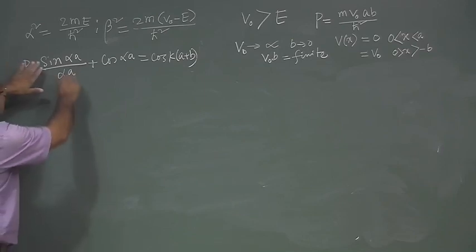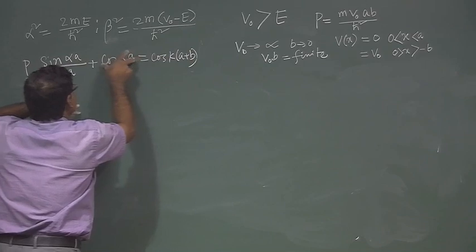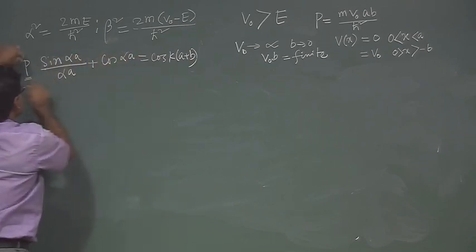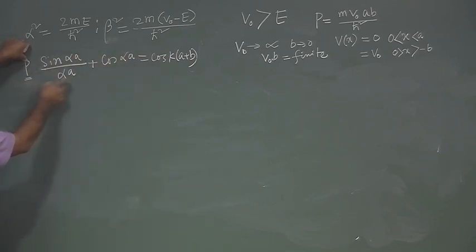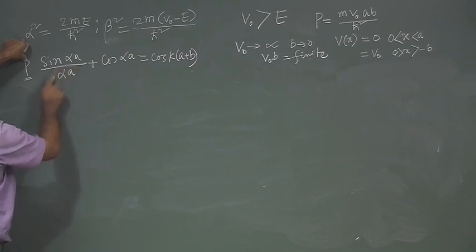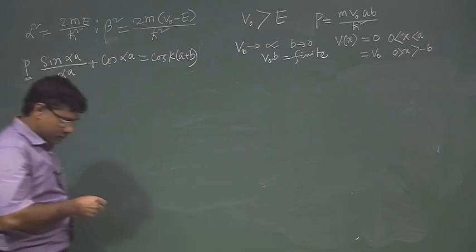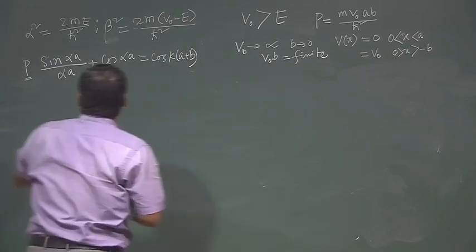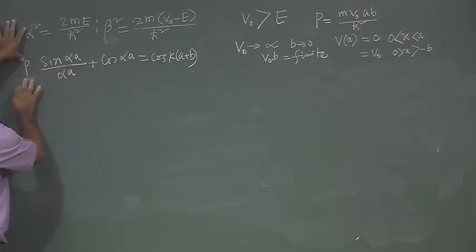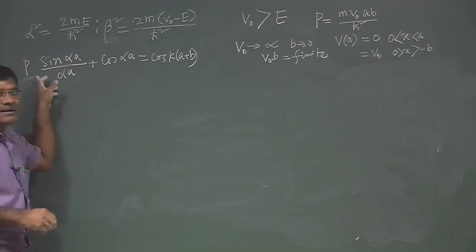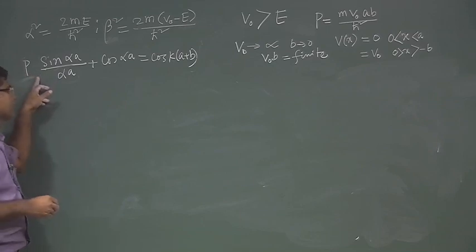If you see the dimension, for the sin and cos terms, p by alpha a, whatever the dimension, p will have the same dimension. So, p also can be written in terms of some angle in radian.